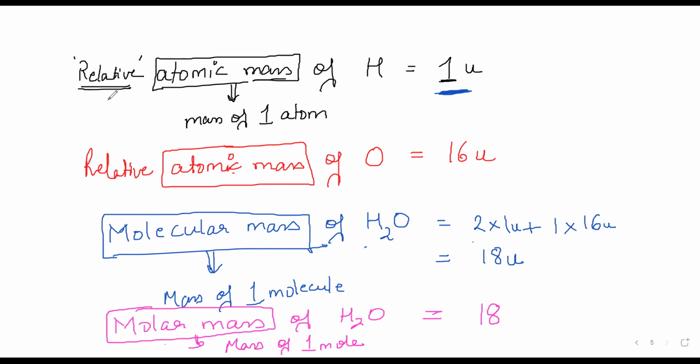So whether it is one molecule or 1 mole, the numerical calculation remains the same. The only thing that changes is 18 grams, the unit rather, I should say. It is the unit that changes, rest everything remains the same.